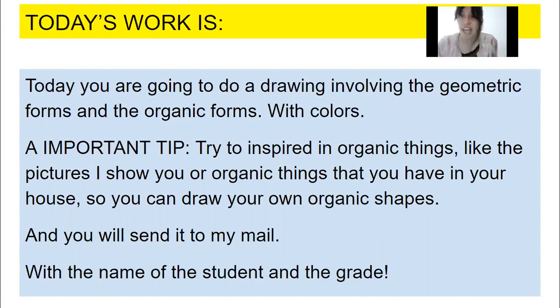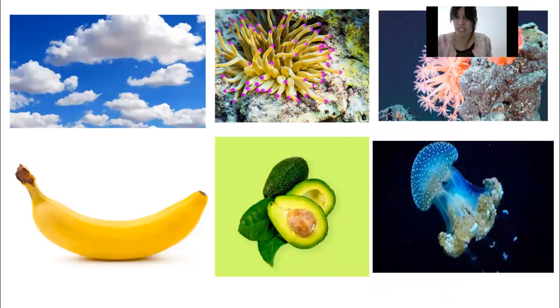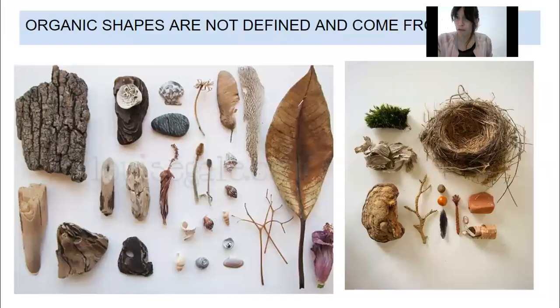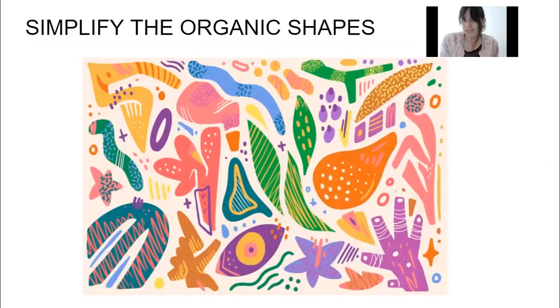Also, if you don't have any of those things, you can search on the internet, just like I did. Or you can be inspired by the pictures that I put in this presentation, okay? These ones over here. You can be inspired by these shapes, fruits that maybe you have in your house, vegetables. Everything that is organic and from nature can work in order to be inspired and draw your own shapes, like this.